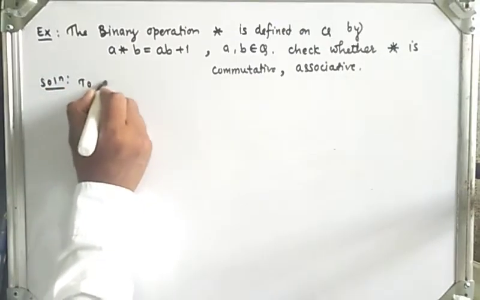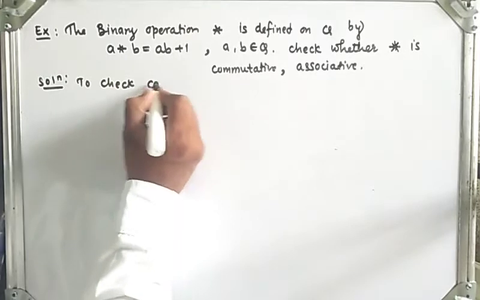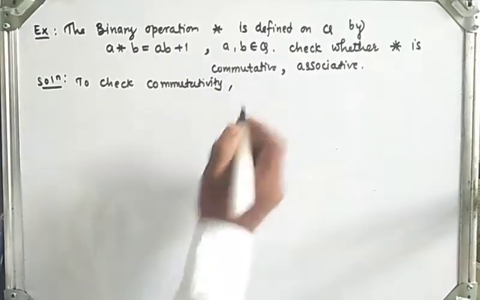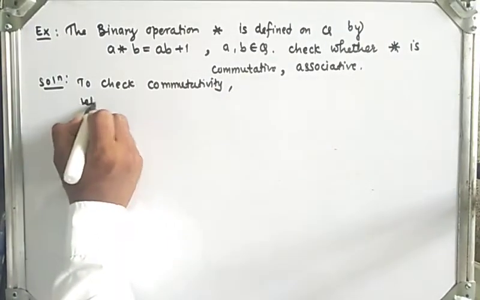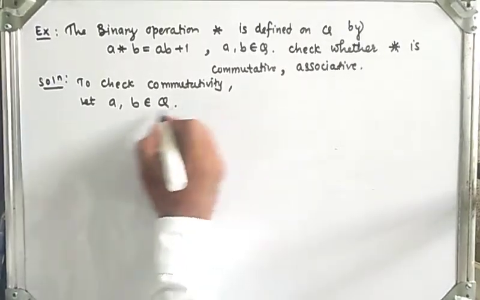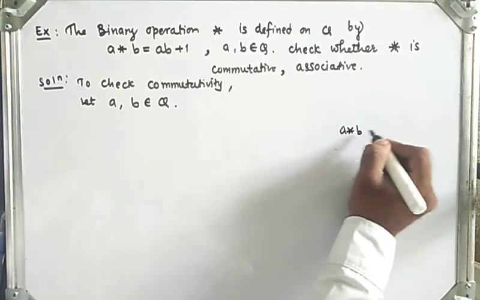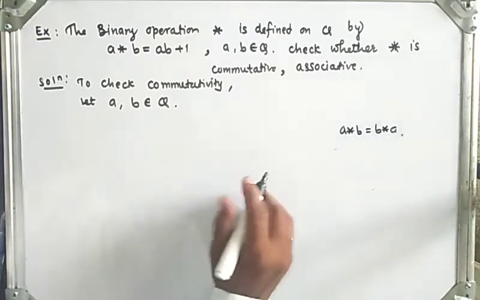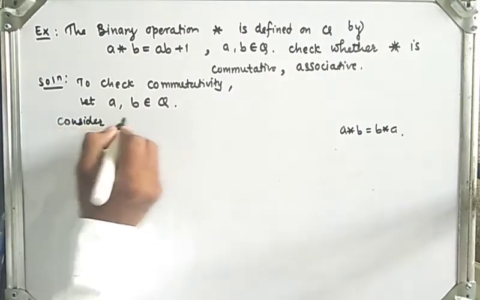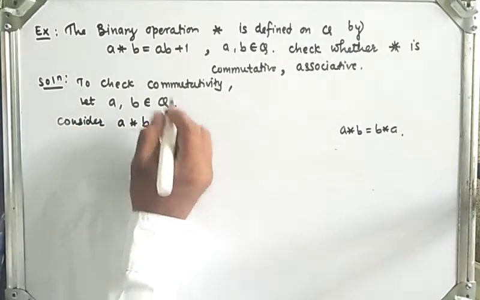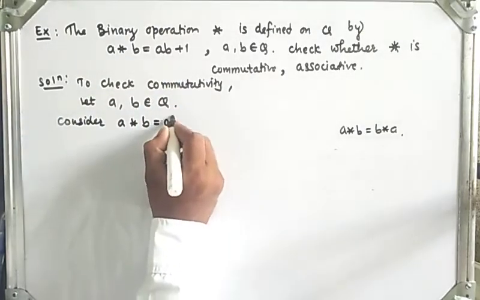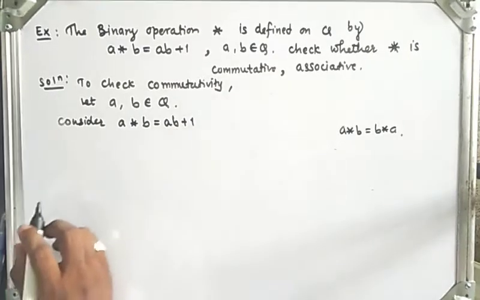To check the commutative property, or commutativity, I will take two elements A, B which belong to Q. So to check A star B is equal to B star A, let's consider A star B. So A star B is the multiplication of these two plus 1. So A into B plus 1.